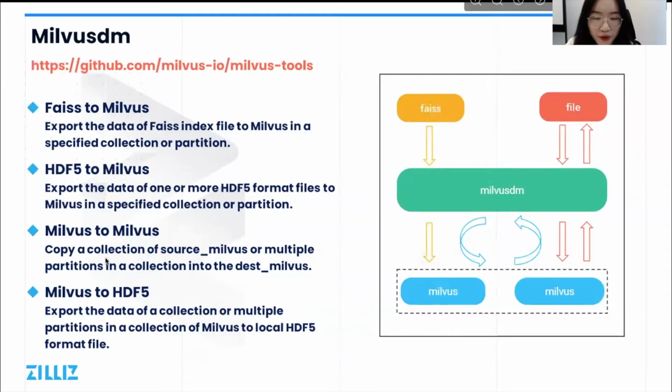Milvus to Milvus: it can copy a collection of the source Milvus, or multiple partitions in a collection, to the destination Milvus. Milvus to HDF file: export the data of a collection, or multiple partitions in a collection, of Milvus to a local HDF format file.